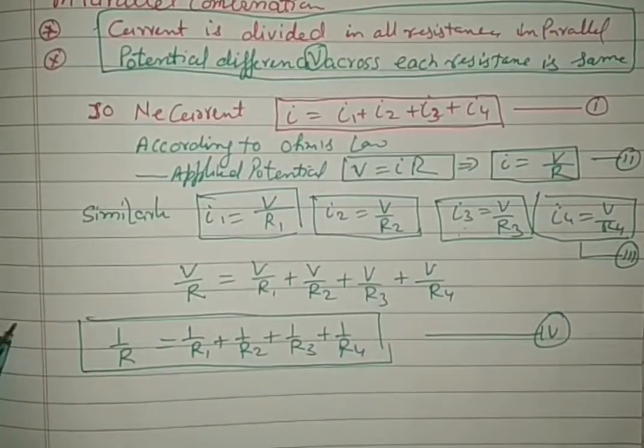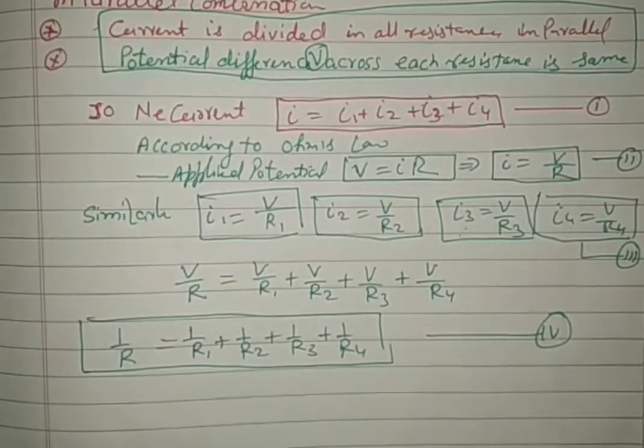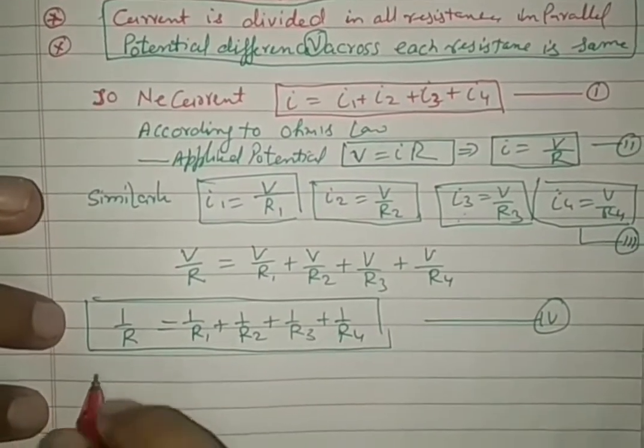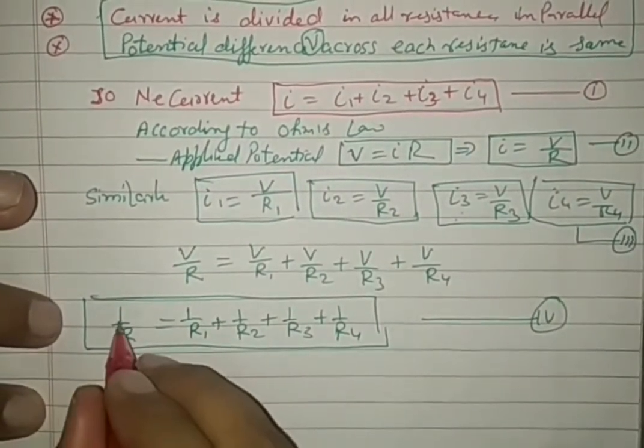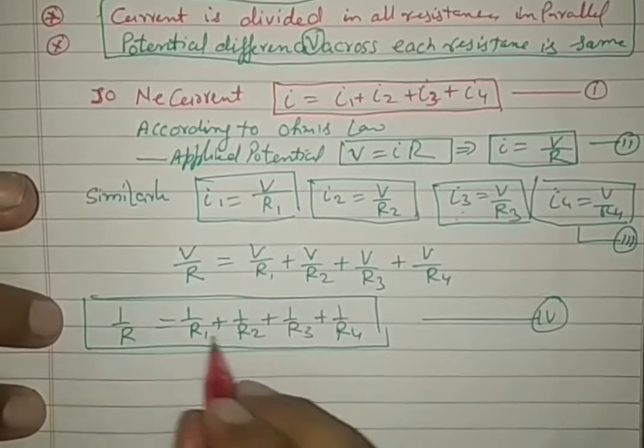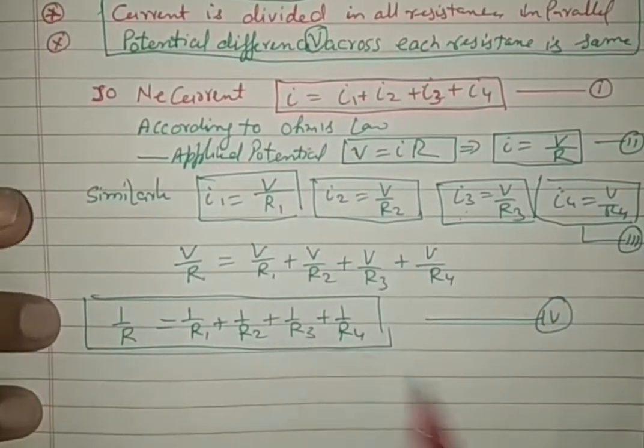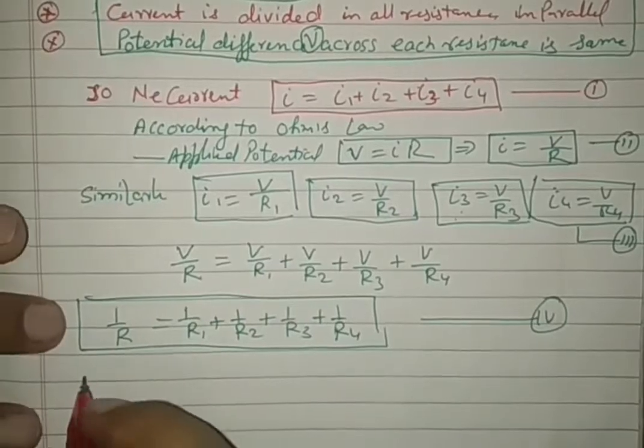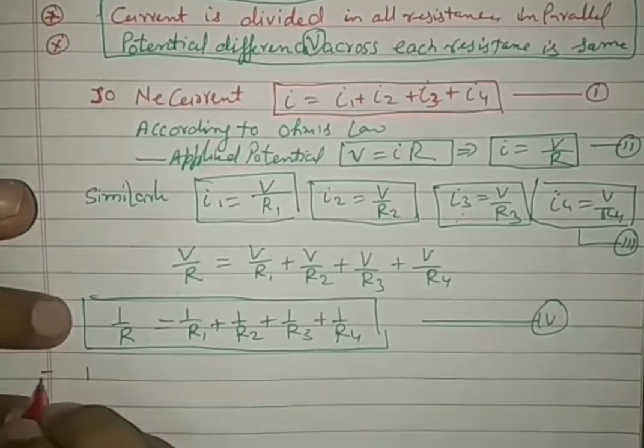So we may write the meaning of this: the reciprocal of equivalent resistance is equal to the sum of reciprocals of all the resistances. So we may write here the conclusion.